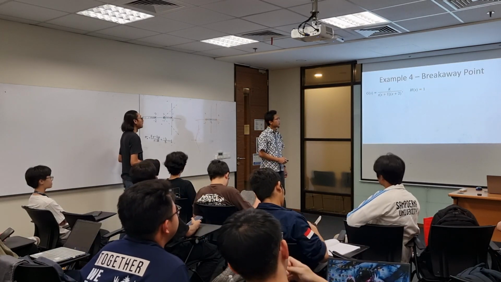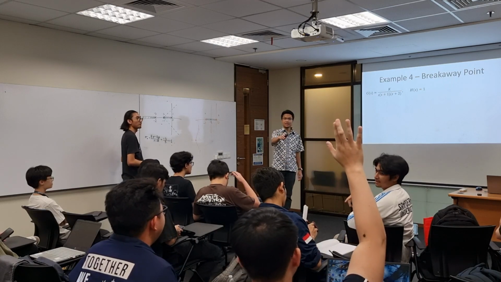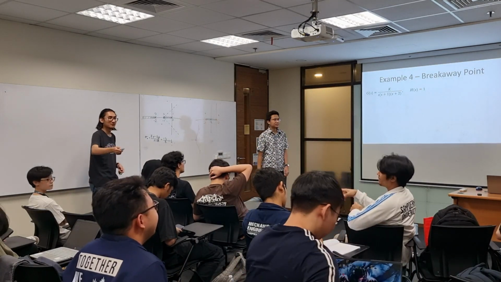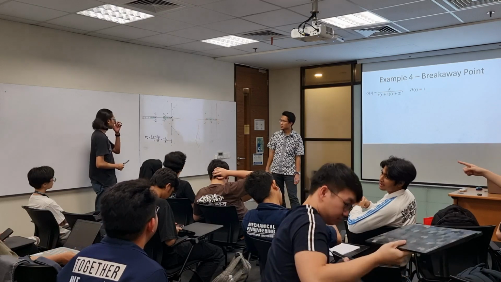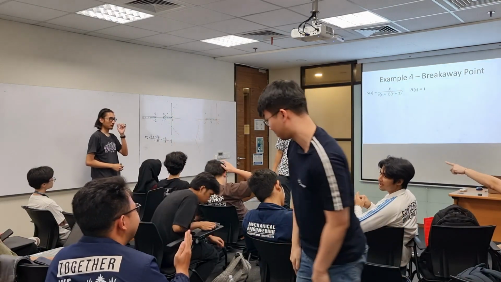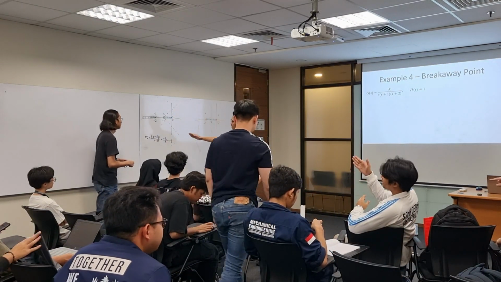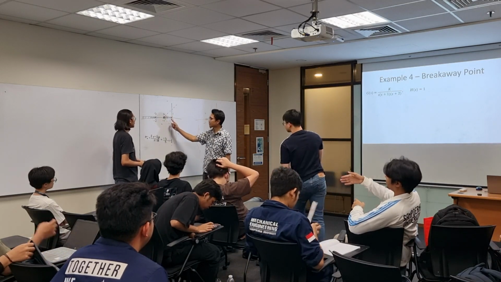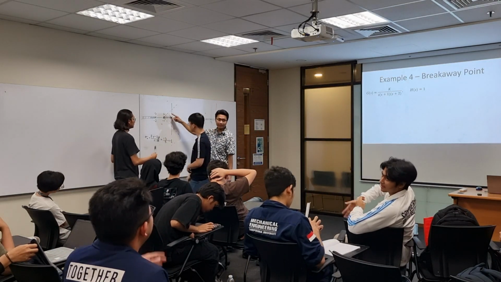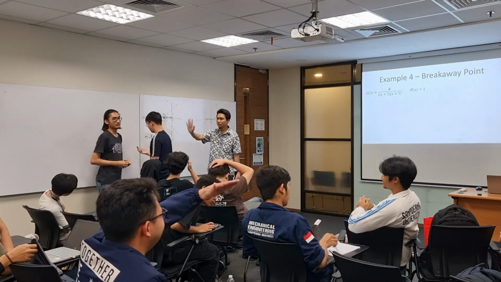Okay, so breakaway point, Teddy first. Because the angle of the asymptote is 60 degrees. 60 degrees, yeah. Hold on, Teddy.